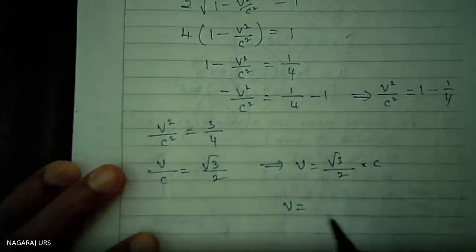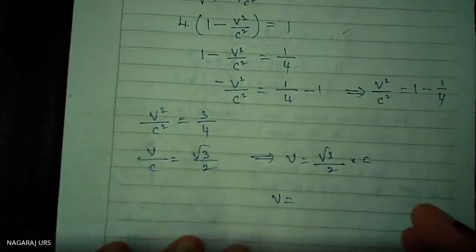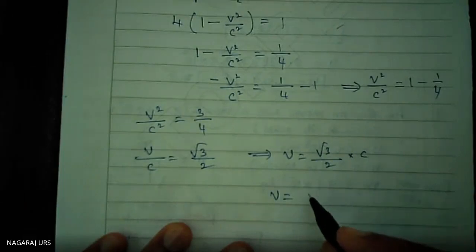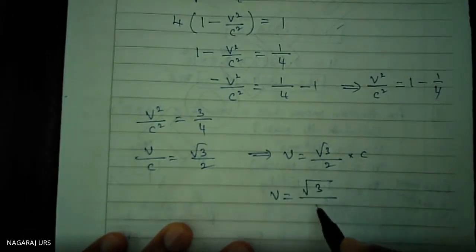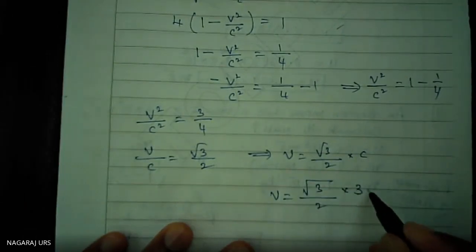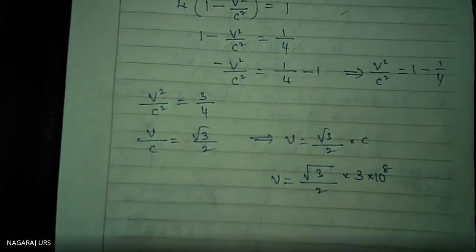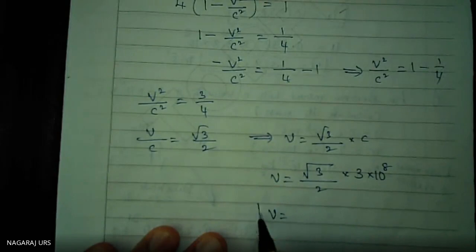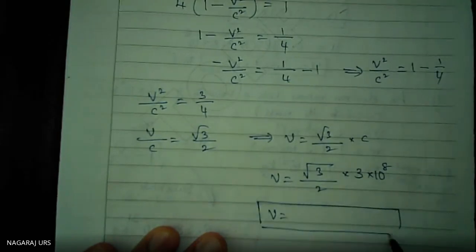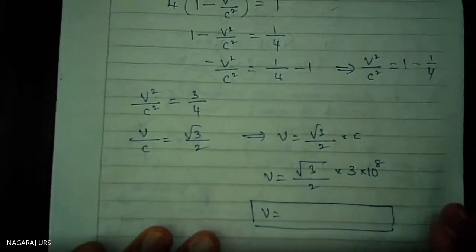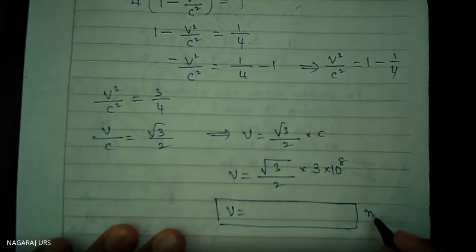So v is equal to root 3, that is 1.73 something. You write how much you are getting. c is 3 into 10 to the power 8. So therefore, v is equal to so many meters per second.